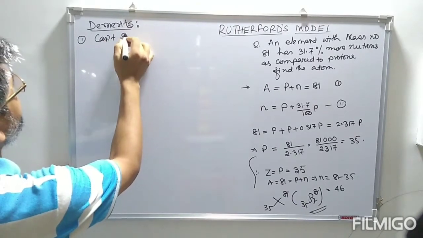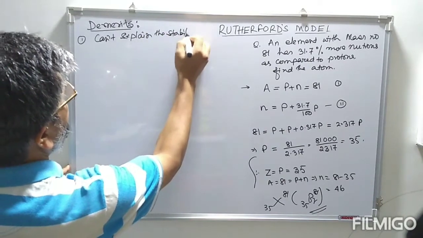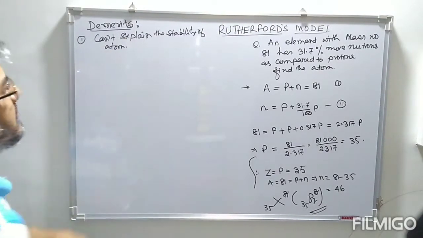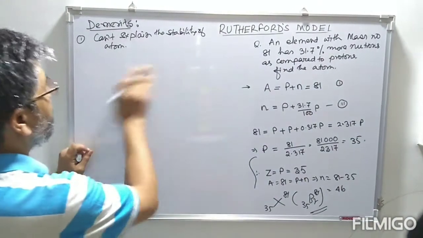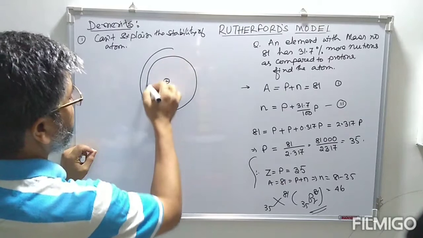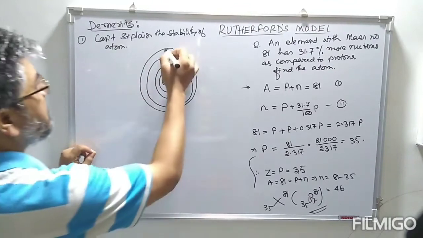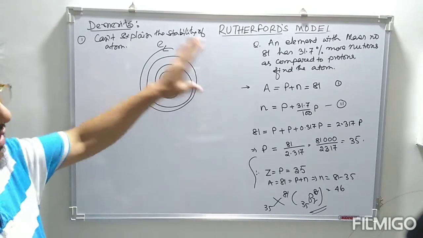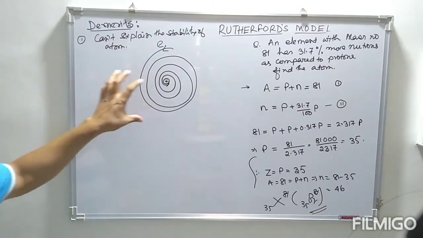That means this theory is not in conformity with classical electromagnetic theory. Suppose we have a nucleus and an electron is moving. At each and every turn it will emit energy, and within a fraction of a second it will merge with the nucleus. So electrons without losing energy cannot move around a circular orbit according to classical electromagnetic theory.